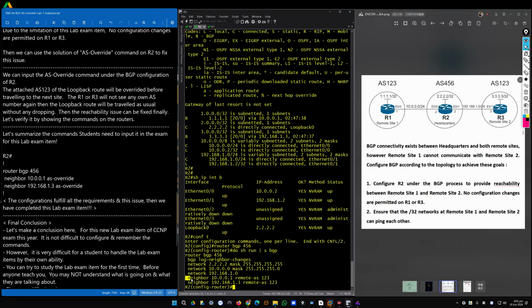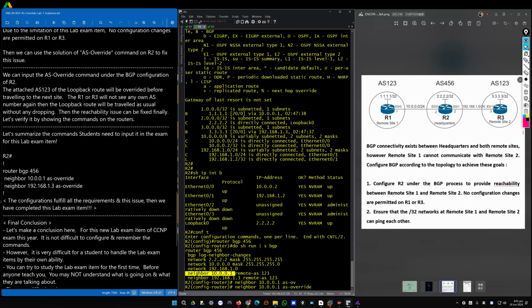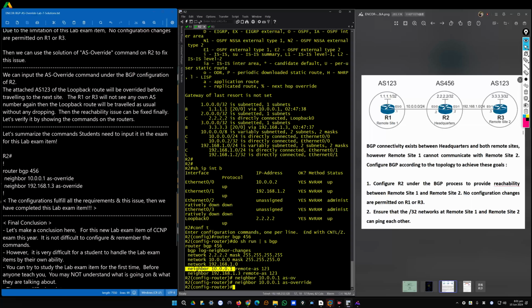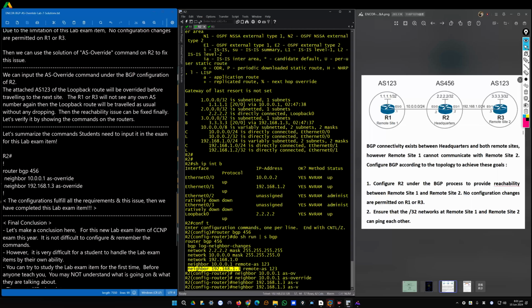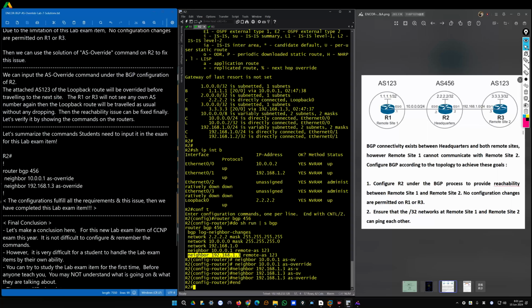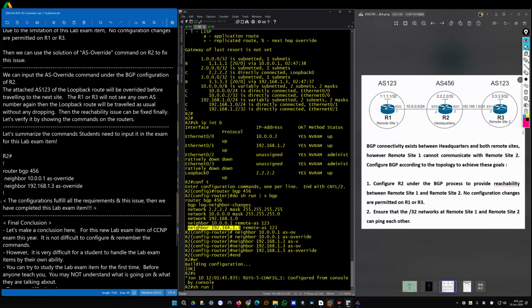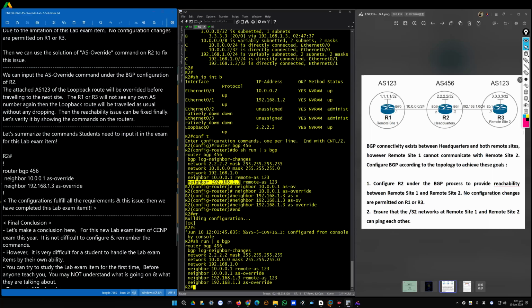This is the peer IP address to R1, and we can add the AS override command here. We can do the same for the other direction. This is the peer IP address to R3. We can add the AS override command. Yes, we have already configured it by adding the AS override command.